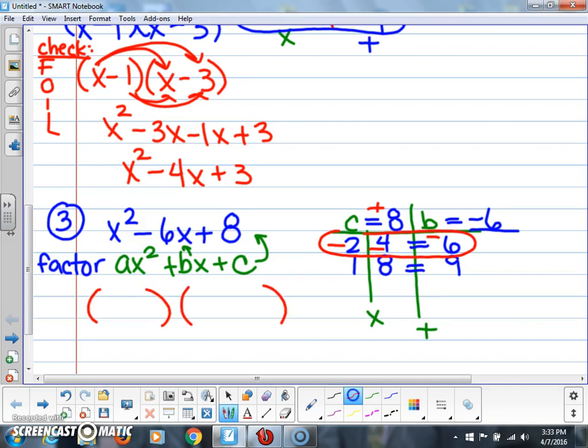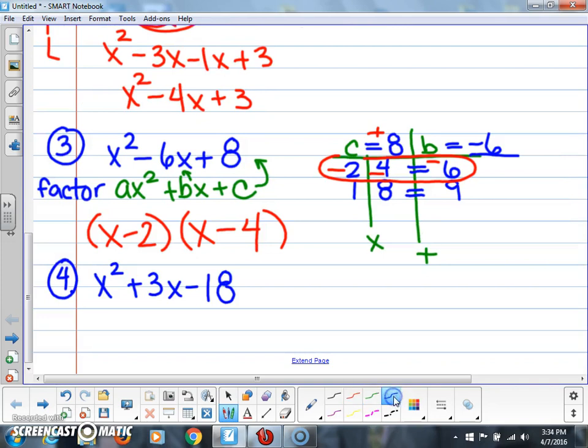Anytime you see the word factors, you're going to automatically put your two parentheses. Okay? You're going to put your x and x. You got two x's. You can keep them in separate houses. Okay, and then negative 2 and negative 4. Okay, so those are your factors.